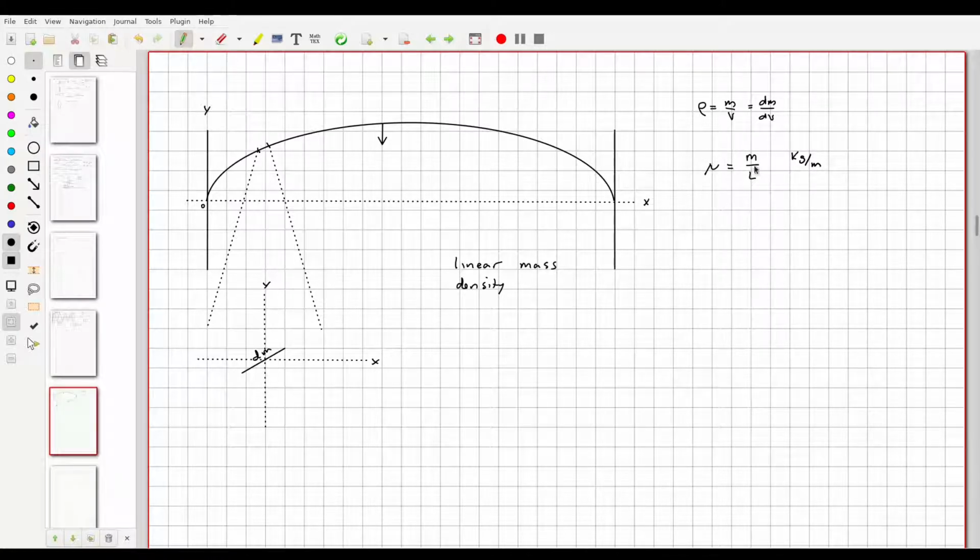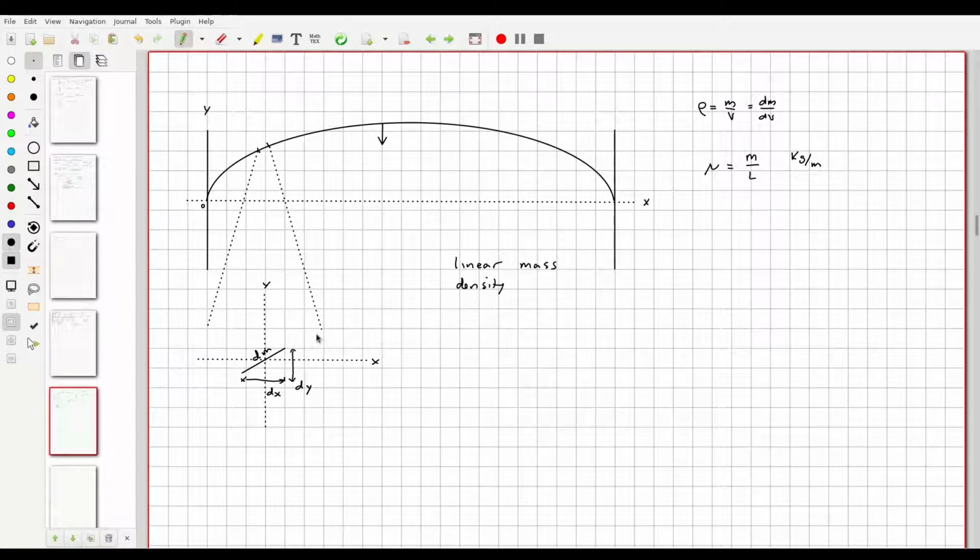If you think about this as the template for how we're dealing with density, then our mass is going to lie along the string, along dx and along dy, because remember, this is an infinitesimally small amount of string.